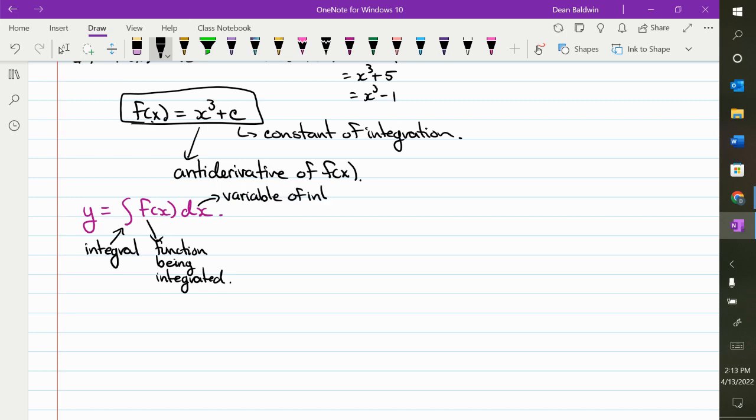Just like you had a variable of derivation, like dy dx, deriving with respect to x, you're integrating with respect to x. Because when you get to higher levels of math, and you're dealing with multivariable calculus, you might only be integrating with one variable, even though there's 3 actual variables in the equation.